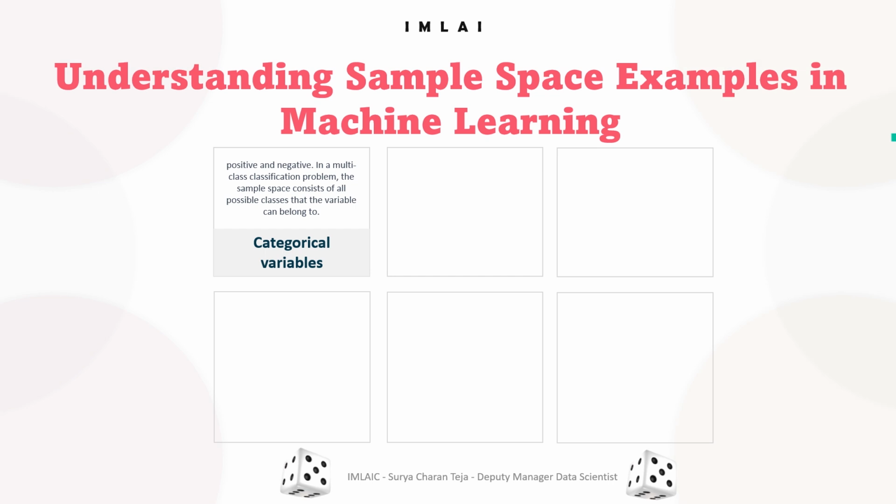So here are some examples of sample spaces in machine learning. We'll begin with the categorical variable. In categorical variables, the sample space consists of all possible categories or labels that the variable can take. For example, in a binary classification problem, the sample space consists of two categories, positive and negative.